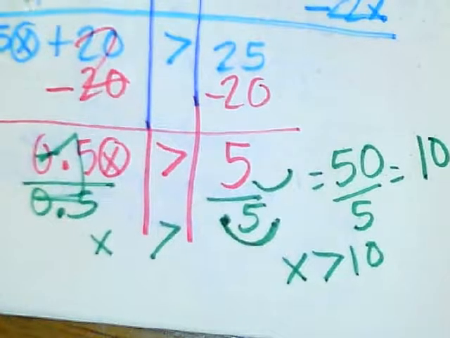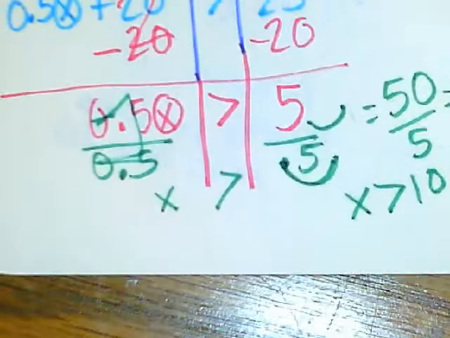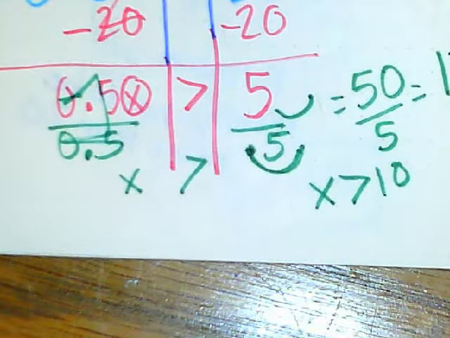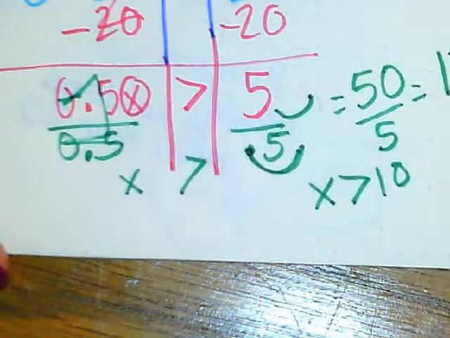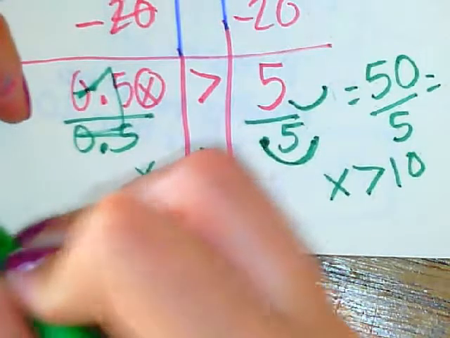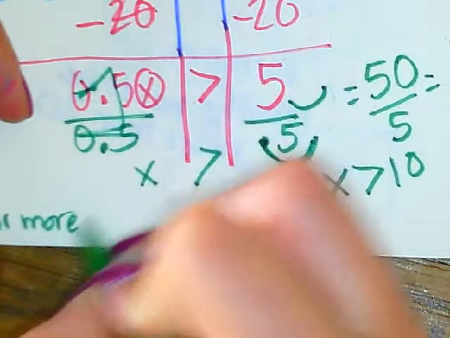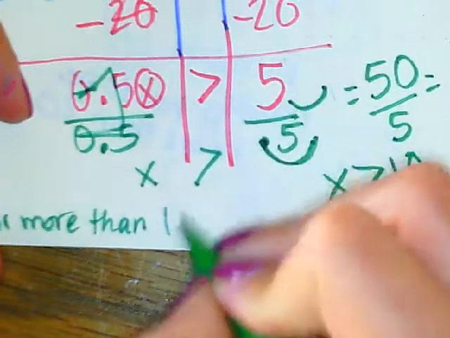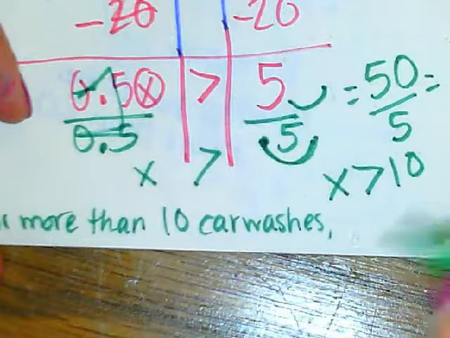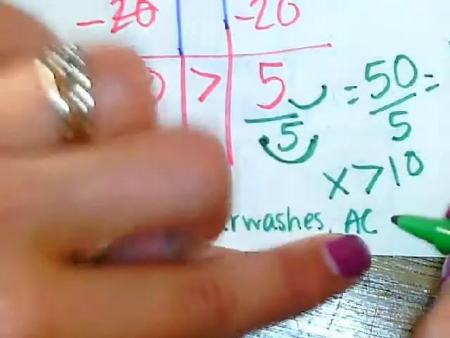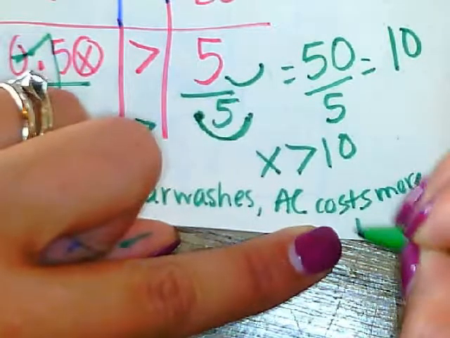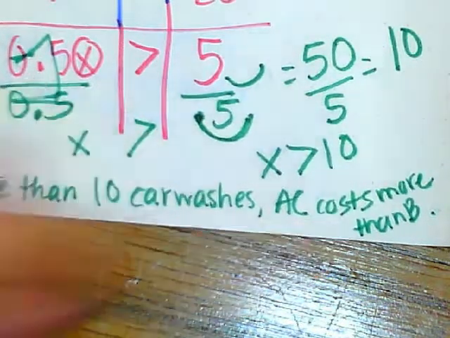And this is a word problem, so I want to make sure it makes sense as a sentence. I was looking for the number of car washes where Always Clean will cost more than Bubbly's. So it would be for more than 10 car washes, Always Clean costs more than Bubbly's.